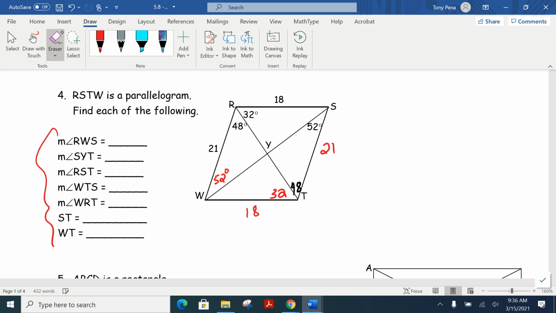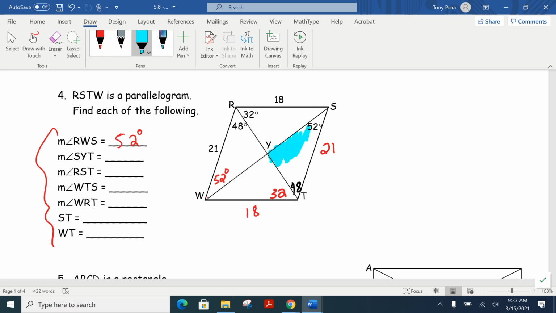Let me clear out all of this stuff. So if I ask you RWS, that is this angle right here. We now know that is a 52-degree angle. If we find SYT, this angle here is one of the ones we're missing.